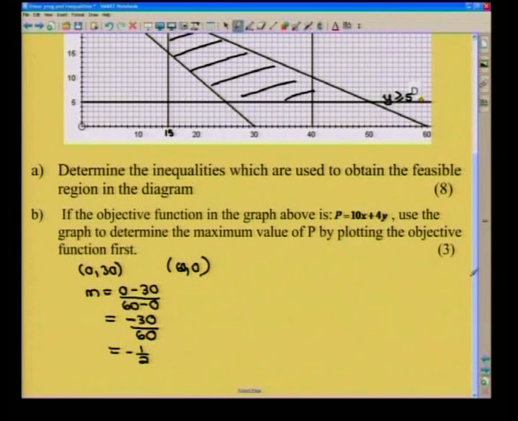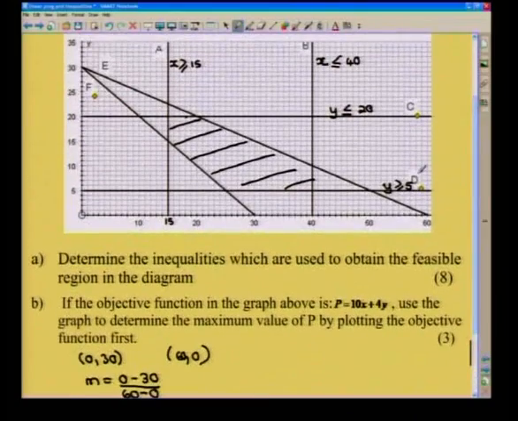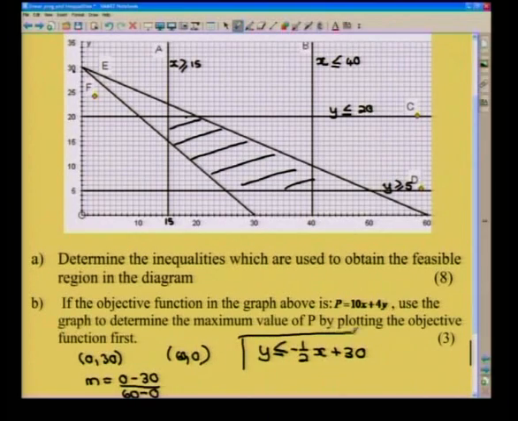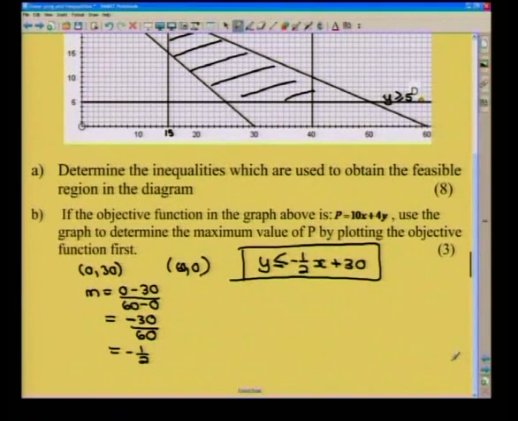And of course we knew the y-intercept. If you go back there, it cut at 30. So we could say y is equal to minus a half x plus 30. But we are asking you to shade underneath, so we make that less than or equal to. So there's the graph. Very simple, very easy, no problem at all.